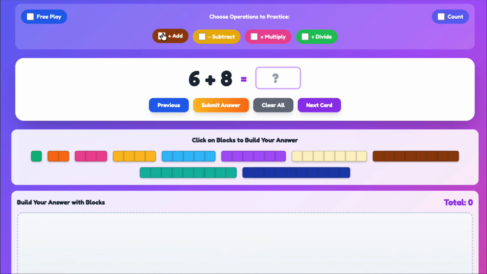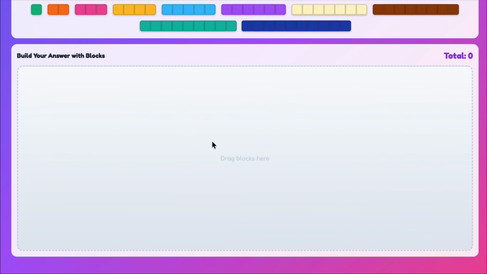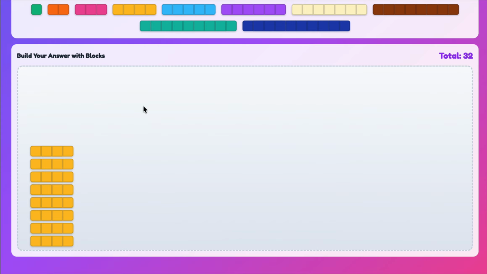So maybe we want to do multiplication and division instead. So 4 times 8, it means I'm counting 4s 8 times. 1, 2, 3, 4, 5, 6, 7, 8. And you can skip count. 4, 8, 12, 16, 20, 24, 28, 32.